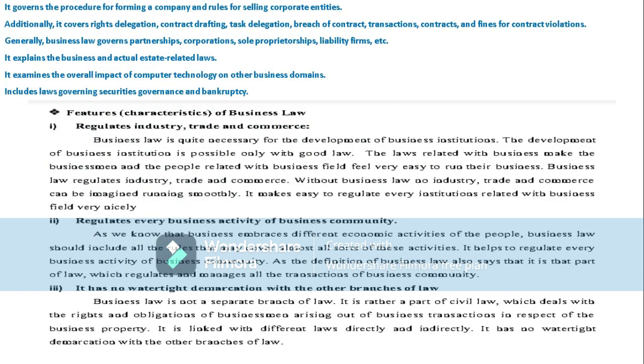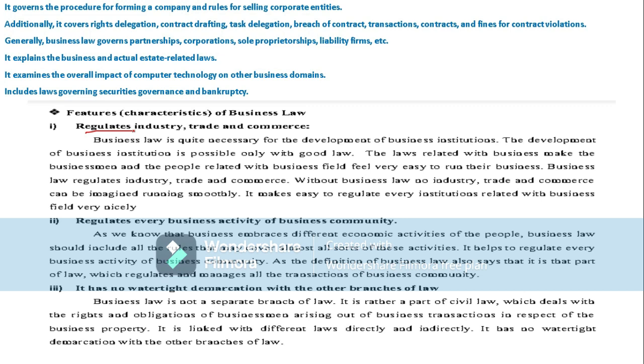Now, if we see the features of business law, what are the features of business law? The first one is it regulates industry, trade and commerce. The basic aspect is regulation of the framework of business. Without regulation, without rules, we cannot run the business.